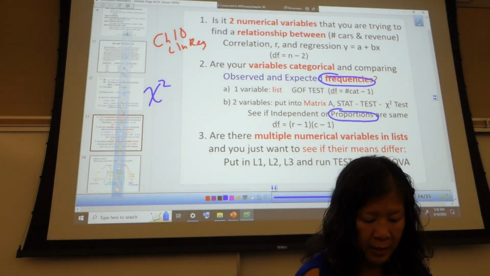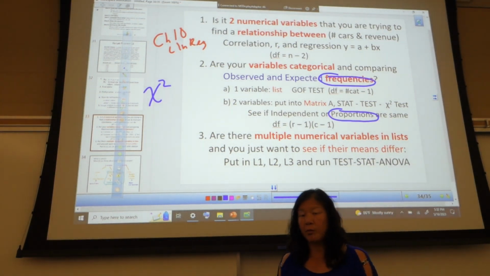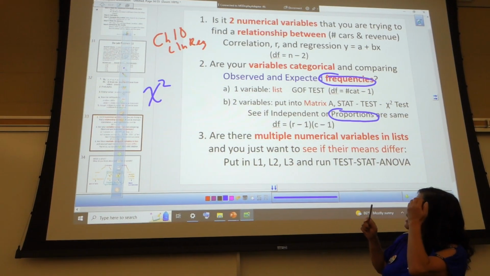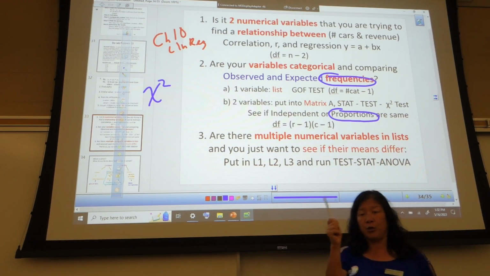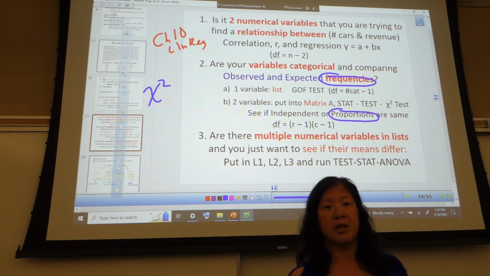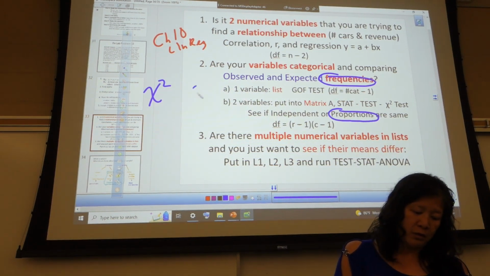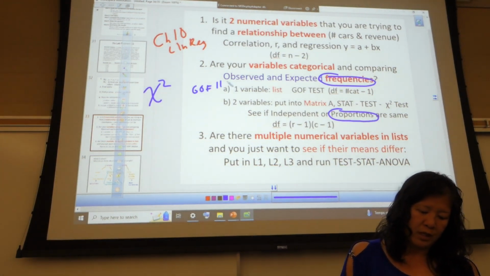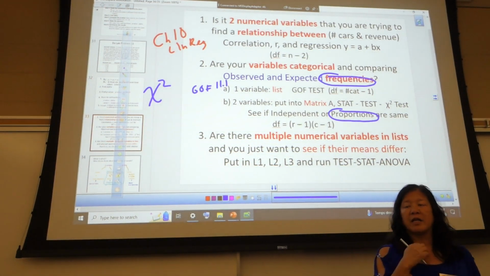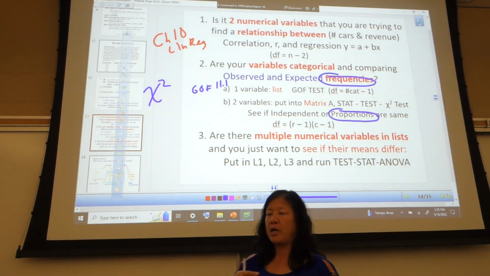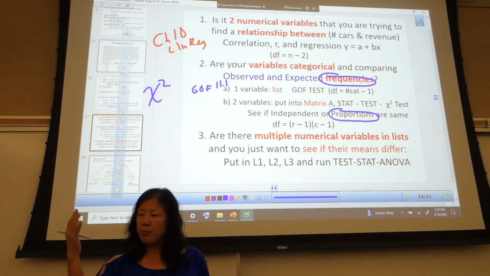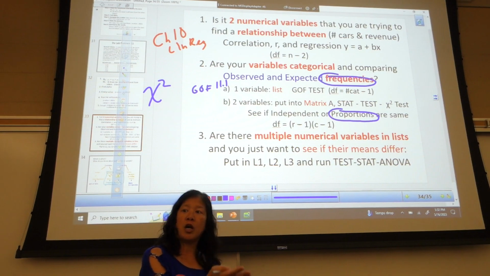Also relationship. And talking about relationships. If there's one variable, like what's your favorite ice cream, then that's going to be the goodness of fit test, GOF, 11.1. If there's two variables, like what kind of puppy are you? Are you a black lab, a yellow lab, or a chocolate lab?